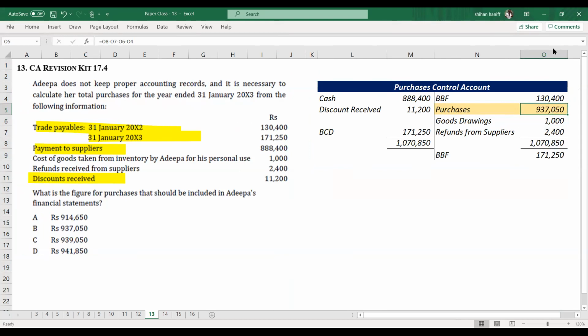Are the purchases account and purchases control account two different accounts?